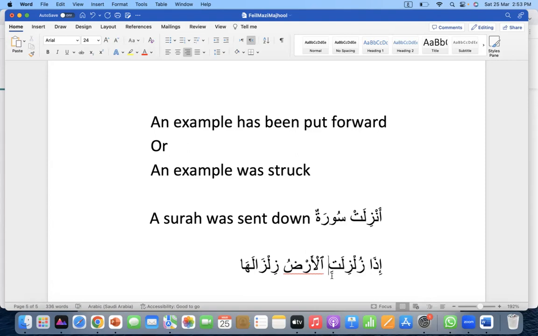So this kasra is only for continuation. Otherwise, we would have to say: Iza zulzilat, then stop. Al ardu zilzalaha. But for making it smooth, they put kasra at the end. This kasra is not part of the word; it is just put for flow. Actually, it was sukun.